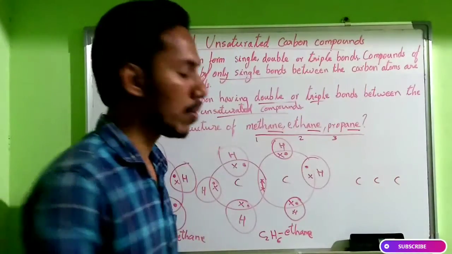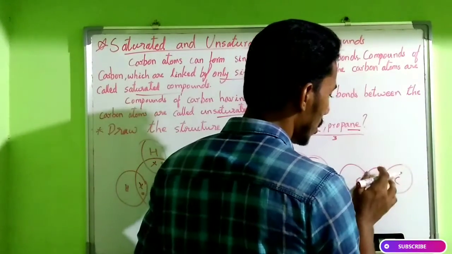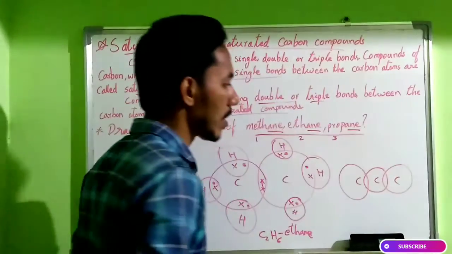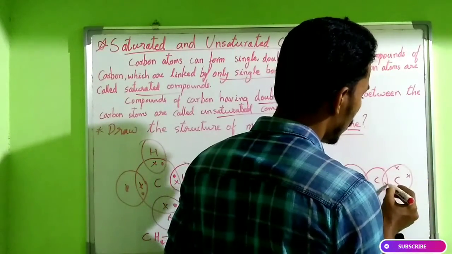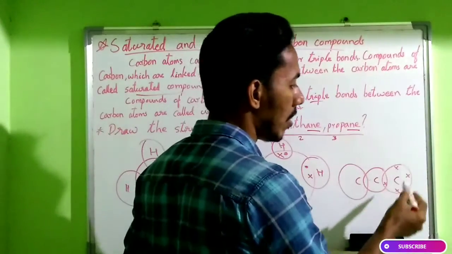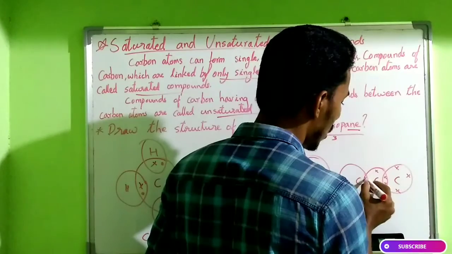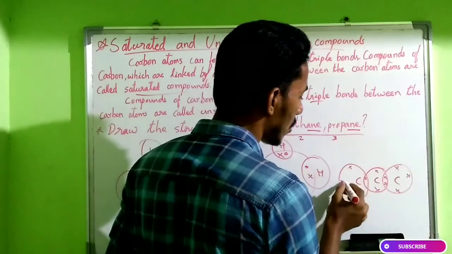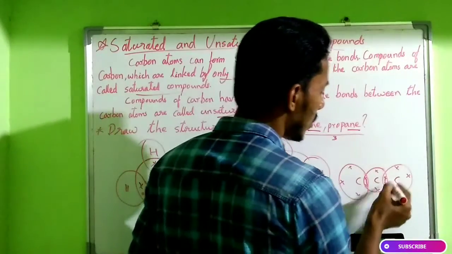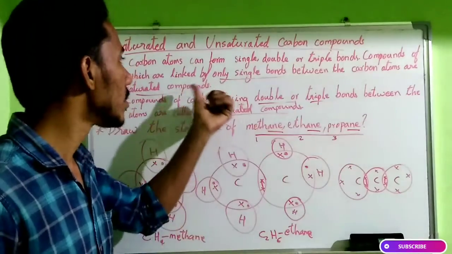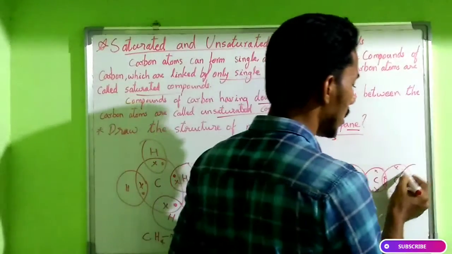So we have to draw 3 carbon atoms, and 1 2 3 4 are the electrons in the valence shell of carbon; this carbon 1 2 3 4, this carbon 1 2 3 4, complete. So it is a single bond. Single bond means saturated compound. So it is also a saturated compound.